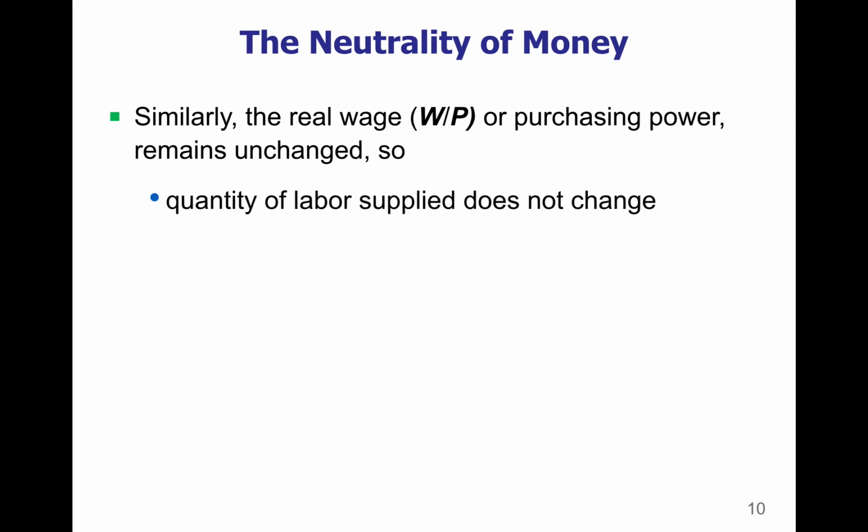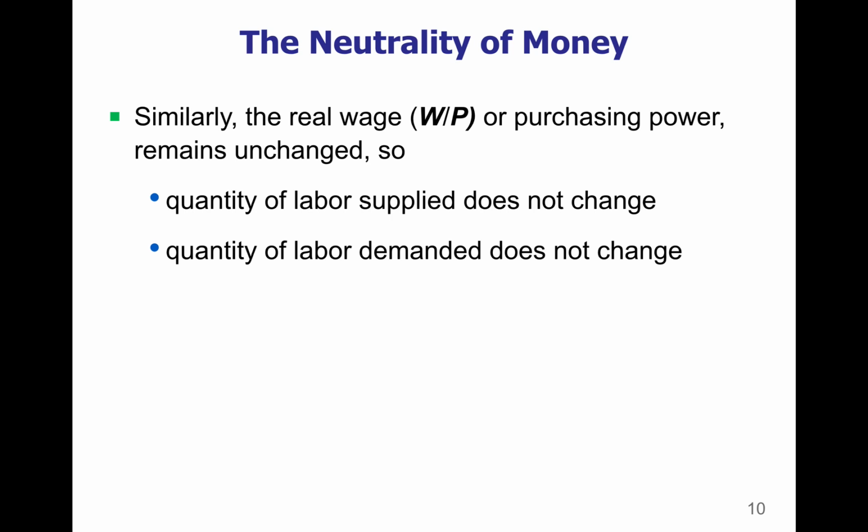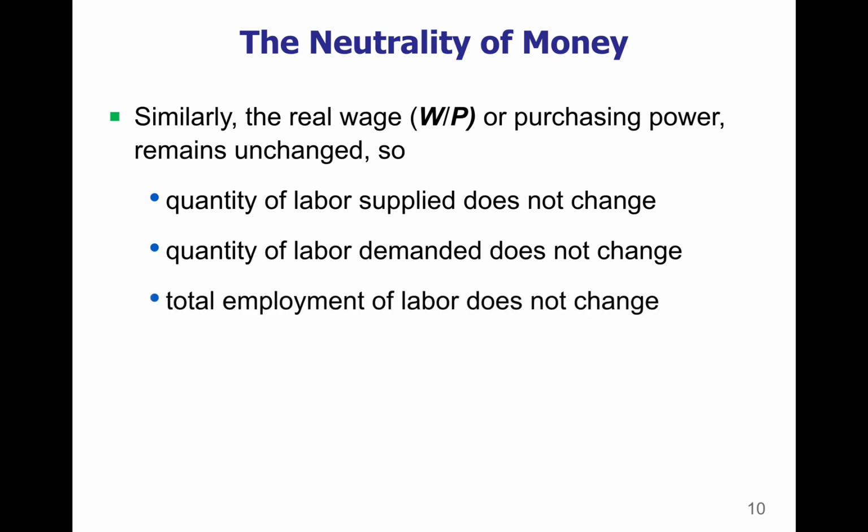So if your wages rise at the same rate as the prices rise, then there's no change to the amount of labor needed, because we're going to need the exact same amount of labor that's supplied, that's workers, and the exact same amount of labor that's demanded, that's businesses doing hiring. So total employment doesn't change because we are just paying people more so that they can buy things that are more expensive.